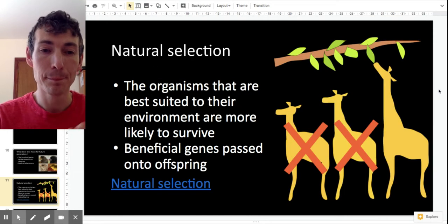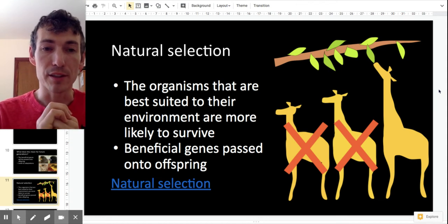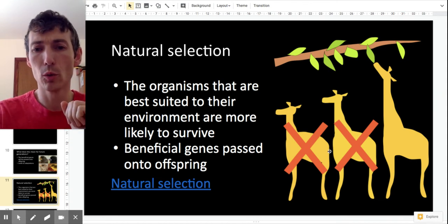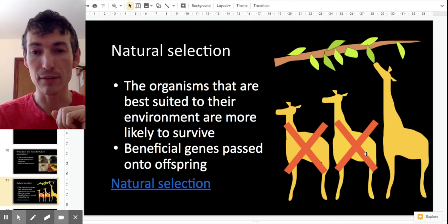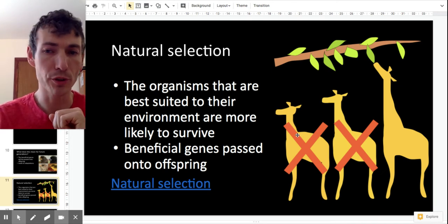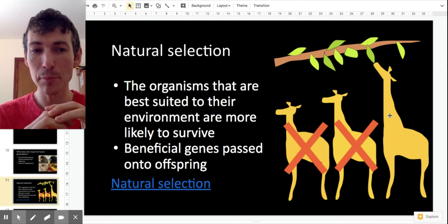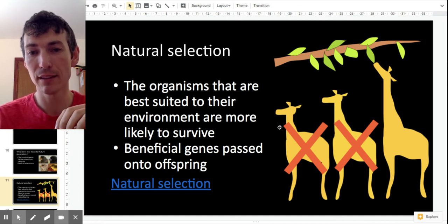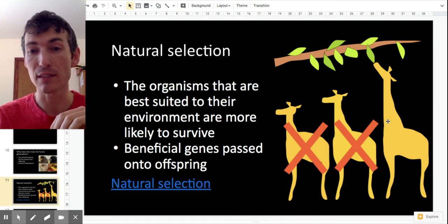Right then. Now, coming on to our natural selection part of this. So here we've got an example of three different giraffes. Some of them with short necks, some of them with long necks. Now, the adaptation here is the length of the neck of the giraffe. So this giraffe has a nice long neck.